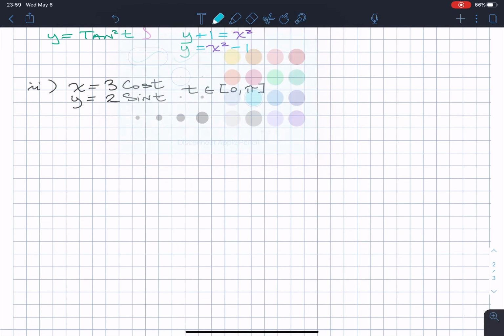Okay, once again, even though I am telling you not to do this, I want to make sure that we know what we're doing. So let's do a t versus x, y chart. So I start at 0, then I'll go to pi over 2 because that's an easy number, and then I'll go to pi. And let's just leave it at that. So x, of course, is 3 cosine t.